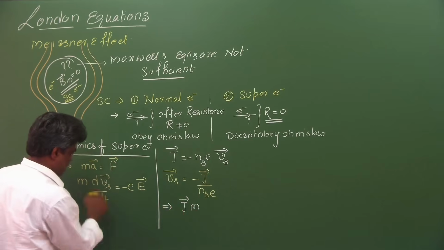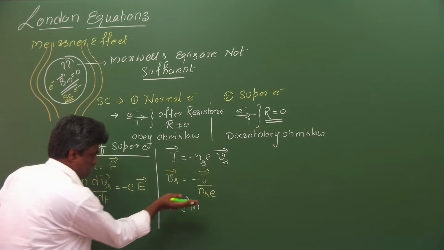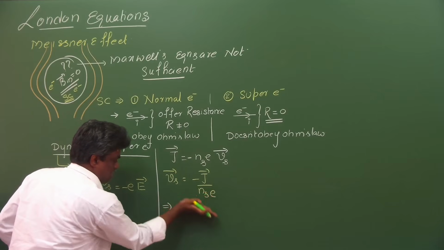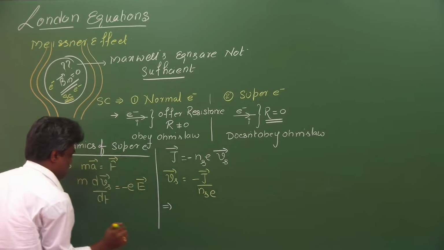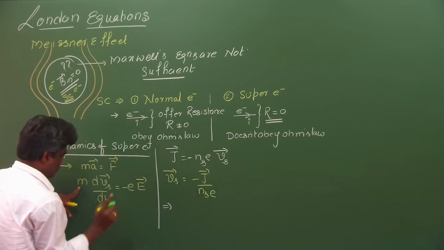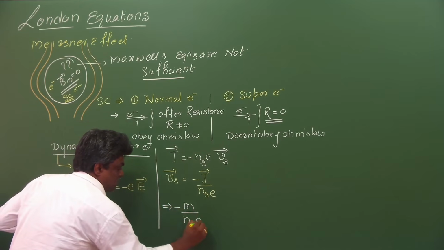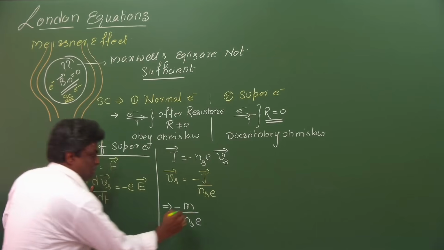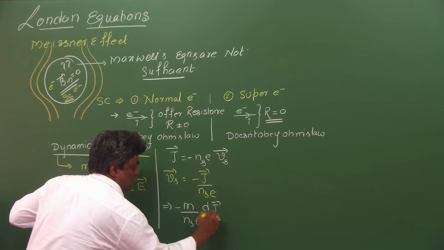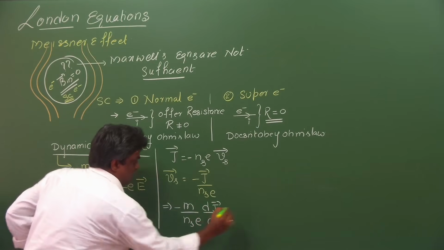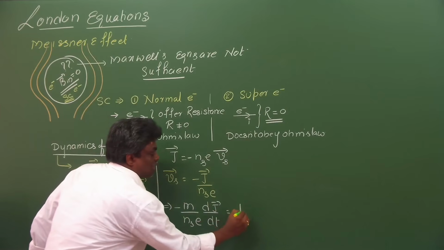So minus m by Ns e into dJ bar by dt equal to E bar.